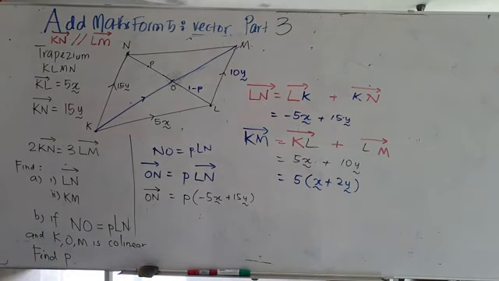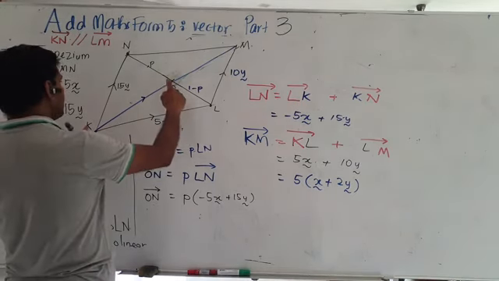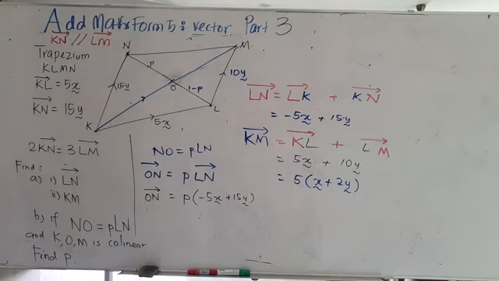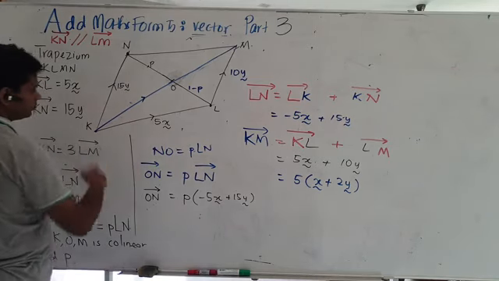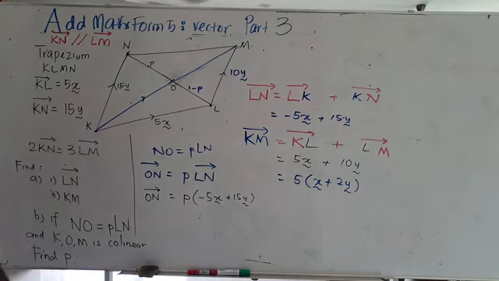Now your work is to find and prove that KOM is collinear. So what are we trying to do here? We are trying to find what is KO. You all right? Okay. Now how do you find KO? You need to create an equation.